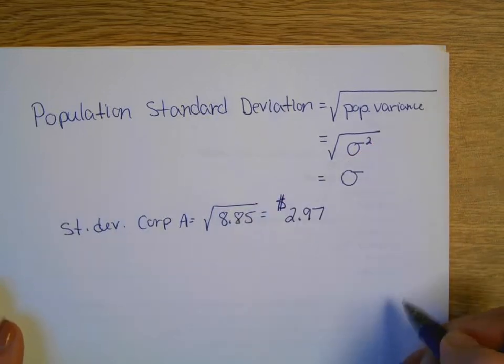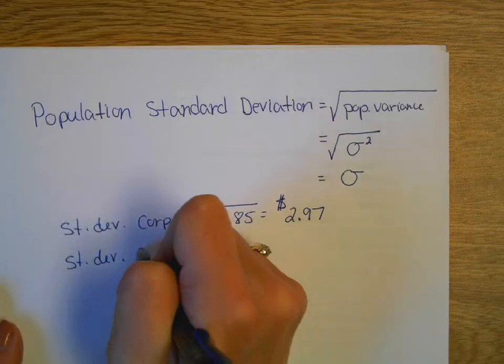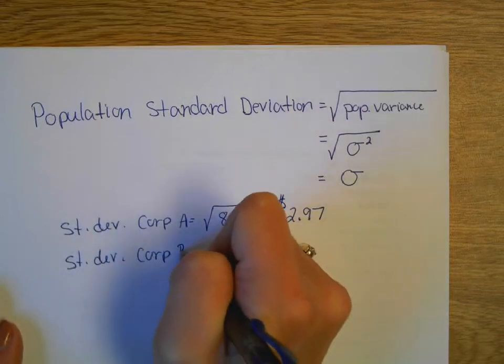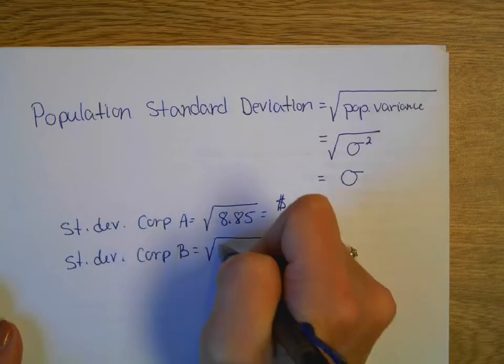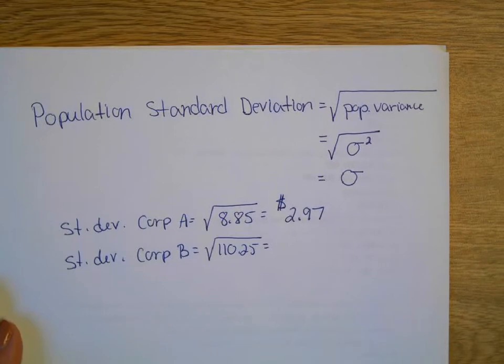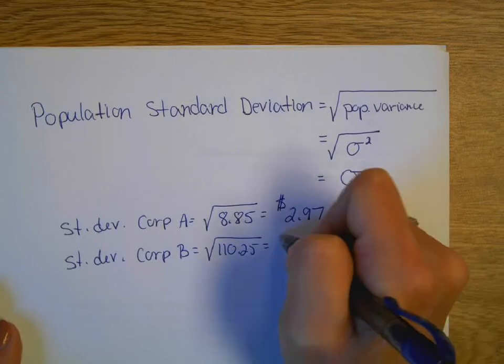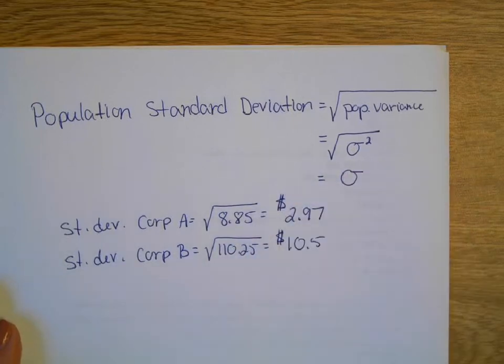We're back to just dollars now. The standard deviation for Corp B, square root of 110.25, $10.5 thousands of dollars, so $10,500.